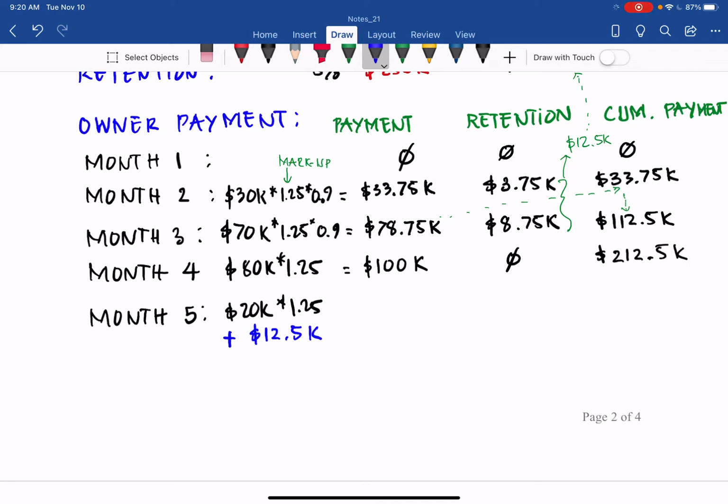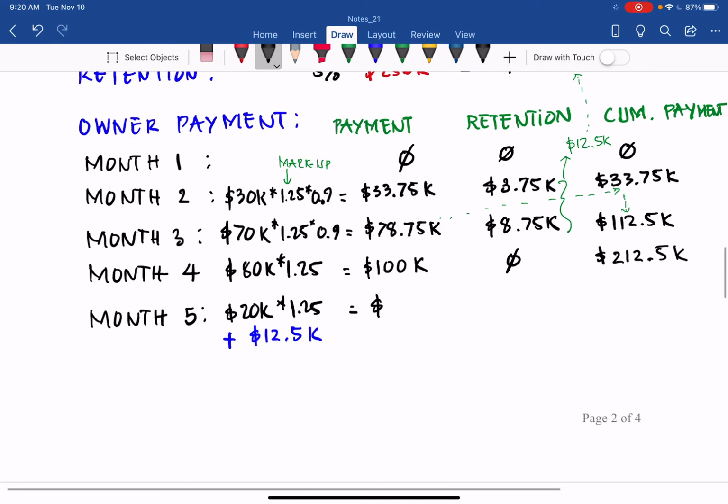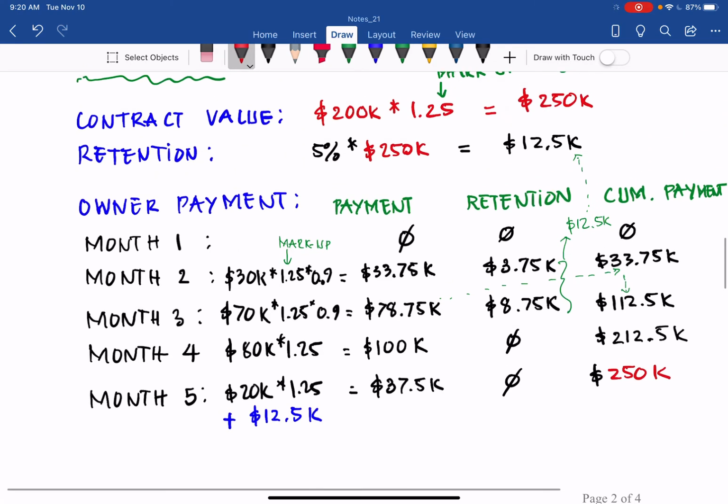So with that, we have here equal to 37,500, and again no retention. Cumulative equals 250,000, and as you can see, it is the same as the contract value. Of course, at the end you pay the same contract amount.